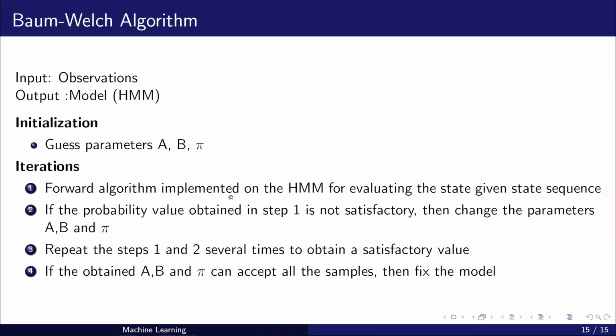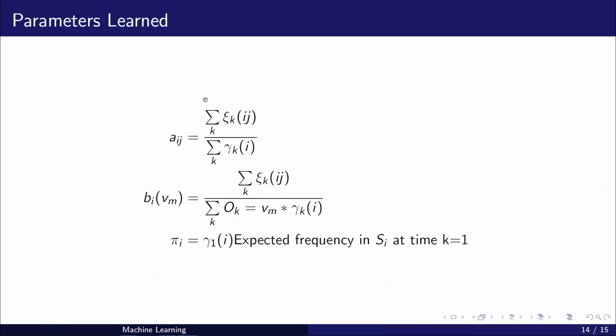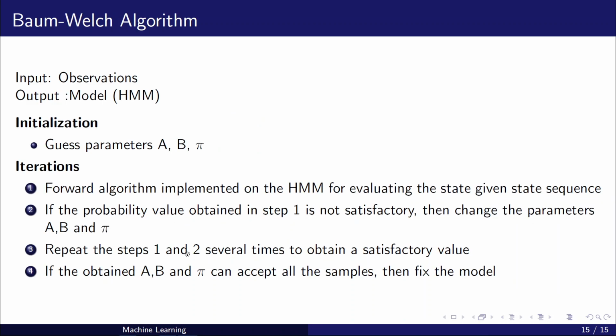Then the forward algorithm is implemented on the HMM for evaluating the state sequence. On implementing the forward algorithm, you will get what are known as alpha and beta, and by using those values you can calculate psi and gamma. By using that you can calculate the values Aij, Bi(Vm) and pi i.